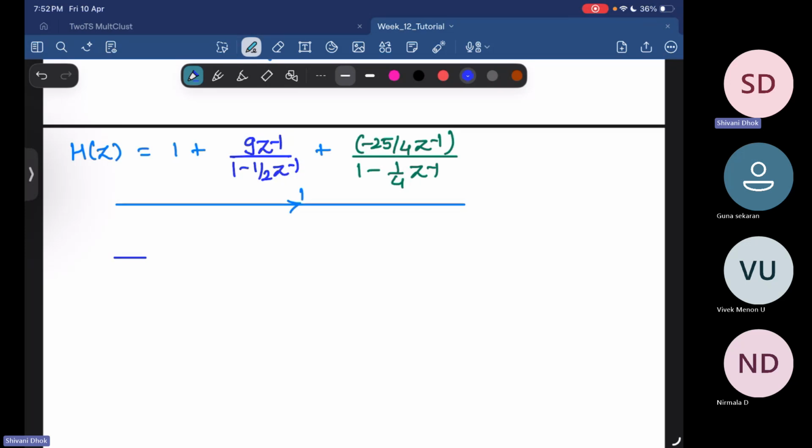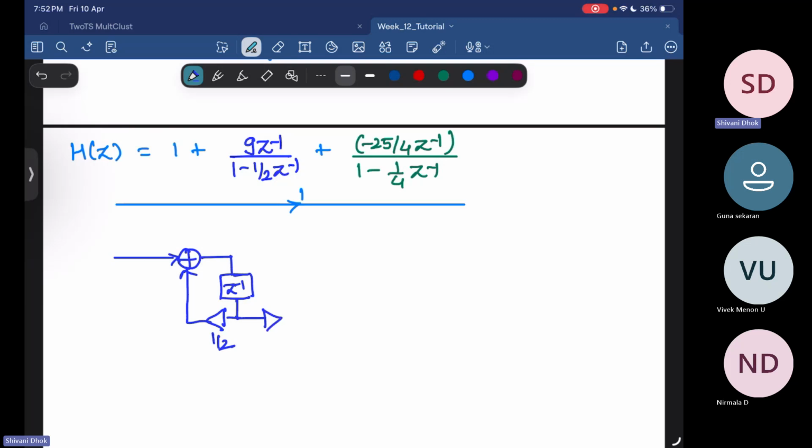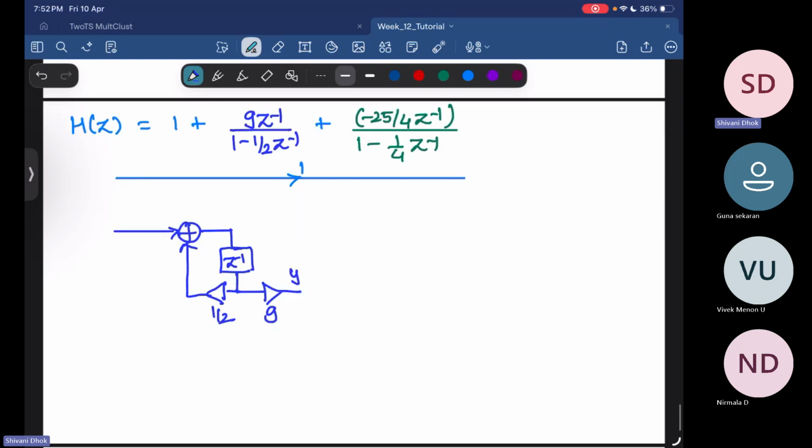So we'll first construct the denominator. You get an adder block first. Then you have a z inverse, and you have a gain of half to 1. And then you have a 9 z inverse, which will be pulled out from here. So this is basically the output of my first system, y1 of n.